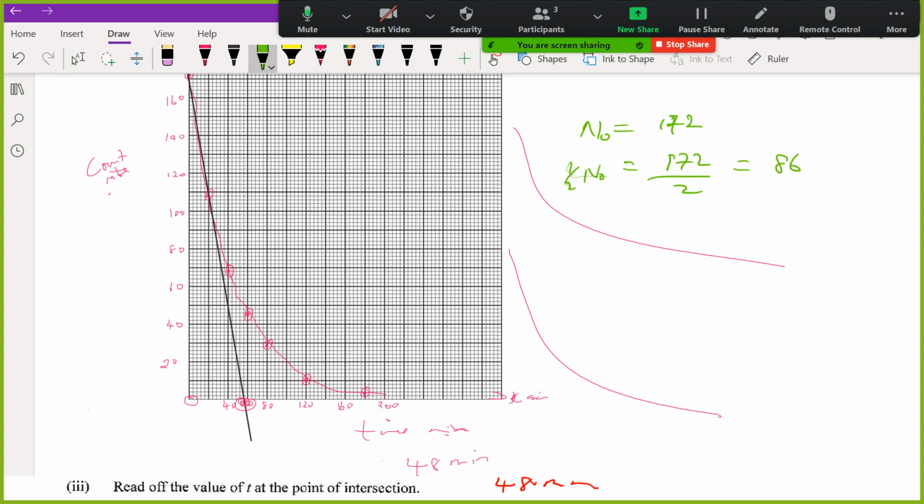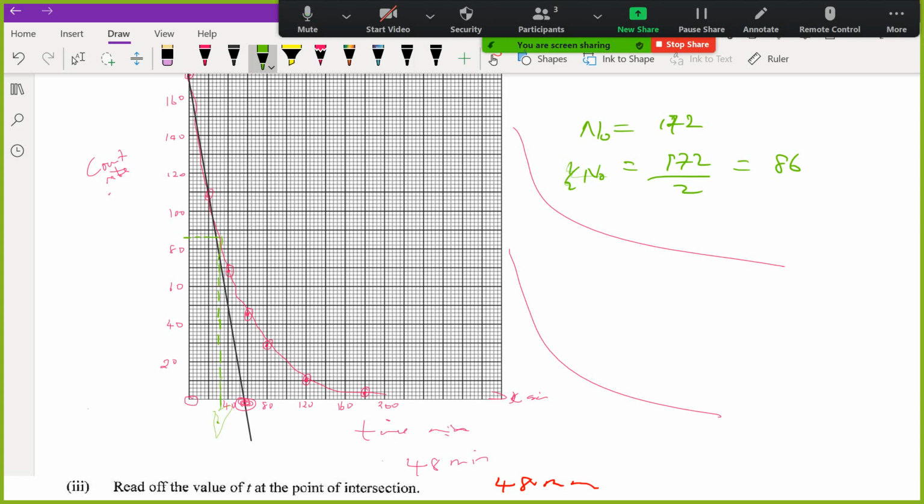All I do is go across, and wherever it touches the curve, I would just read off the corresponding time value. And this is 20, and this is going to be what?